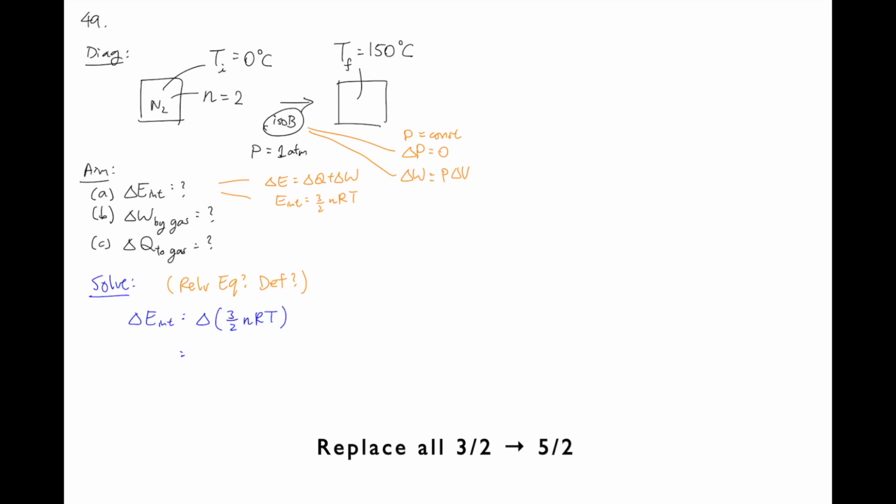Whenever you see something like a change, pull out any constants, so it's 3/2, n, R, these don't change. n particularly shouldn't change, the number of moles, unless the gas leaks out of the box, but since the question does not say anything about that, we can assume there's no leakage, so the number of moles is the same, and it's just change in temperature.